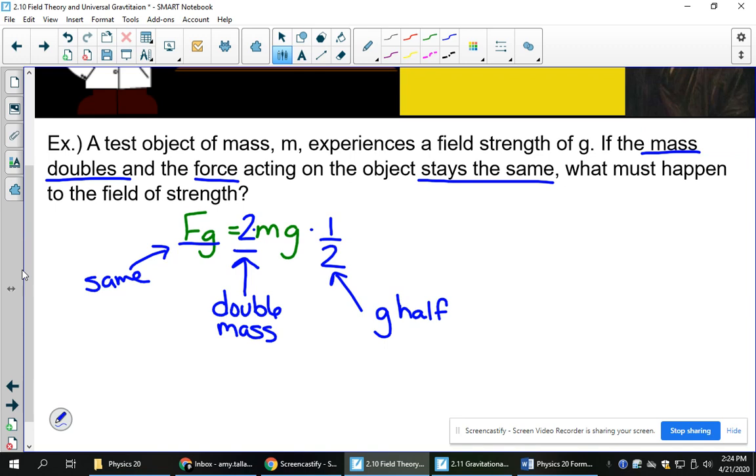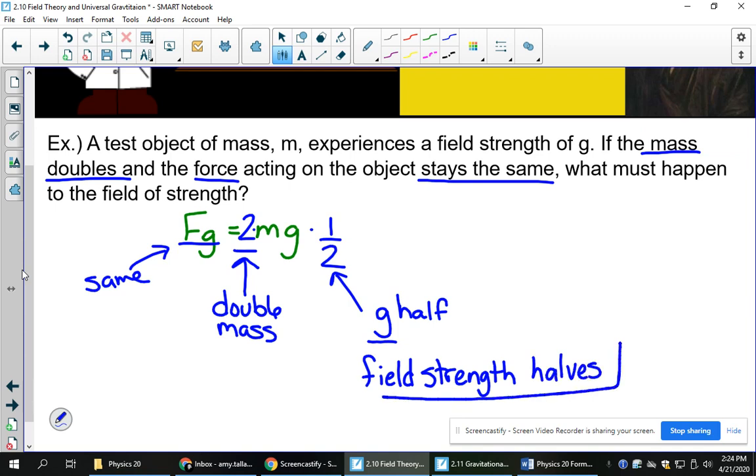What has to happen is that the g, aka the field strength, has to be half as big. And in English, you can say that a number of different ways. You can say that it halves, you can say that it divides by 2, cuts in half, whatever.